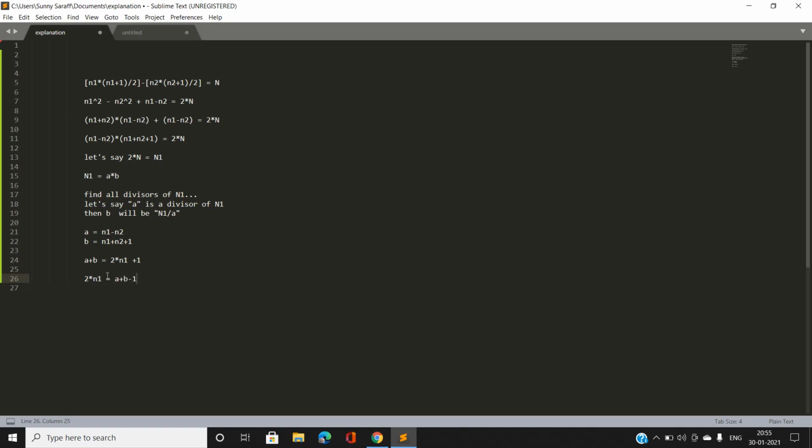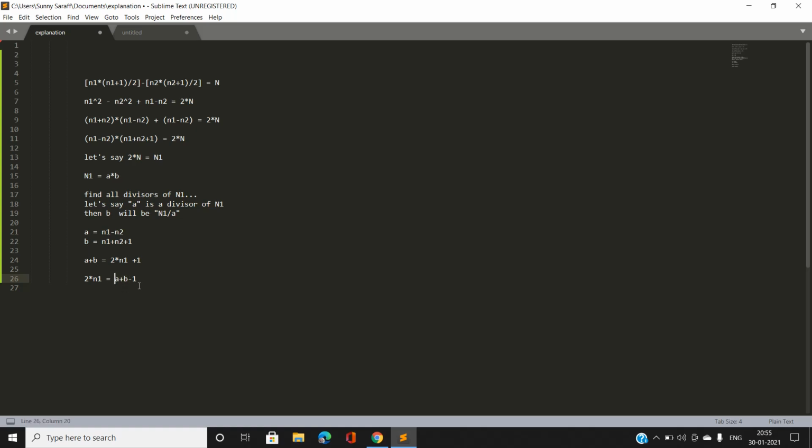So 2 into N1 is always even, and for A plus B minus 1 to become an even number, A plus B must be an odd number. So there are two possible cases for the sum A plus B to become an odd number.